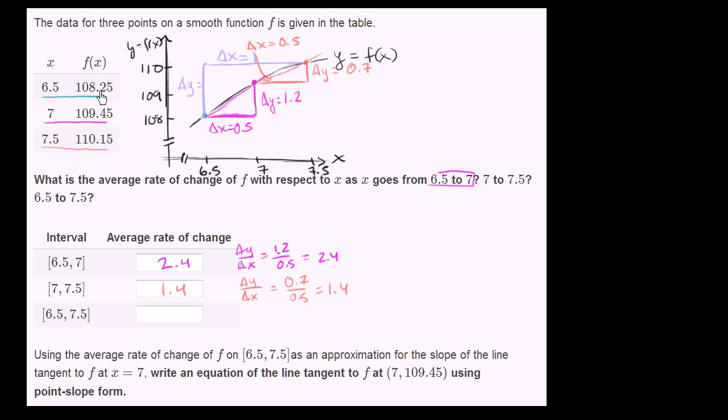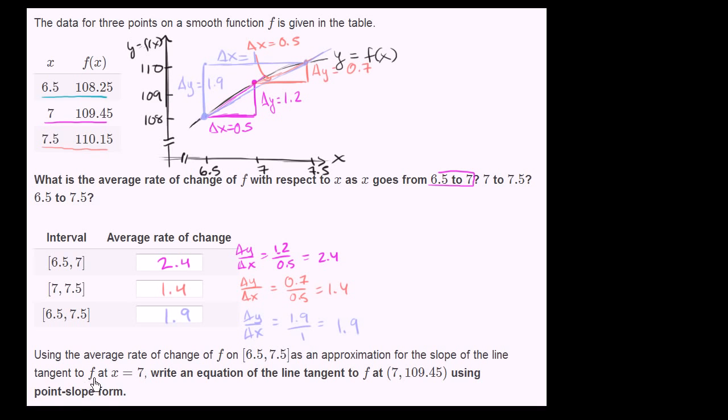We started at 108.25. We increase by 1.9. So our change in y over change in x is equal to 1.9 over 1, which is equal to 1.9. Fair enough. And that's the slope of the secant line between this point and this point. It looks something like that. And you see that it's slightly less steep than the magenta secant, and it's slightly more steep than the orange secant. It's kind of in between the two.